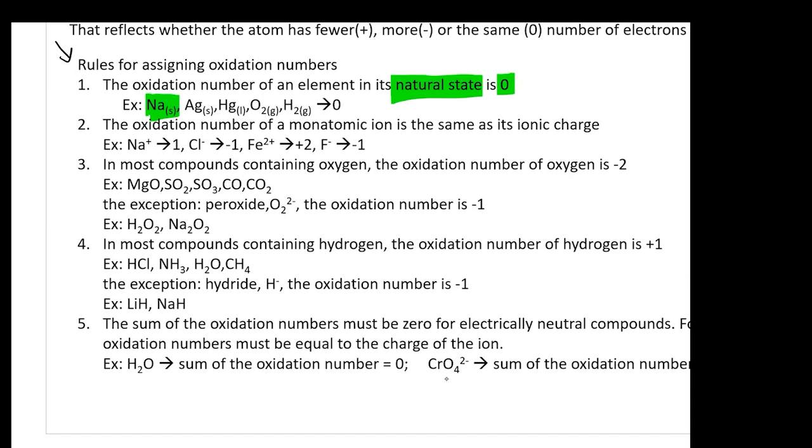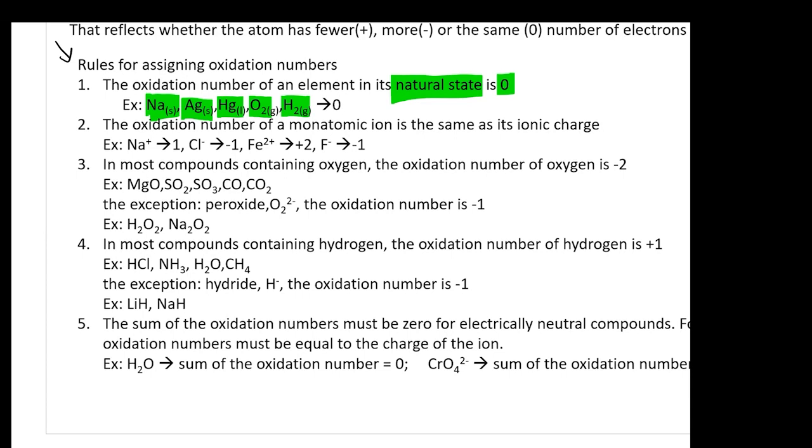The same thing applies to your silver, mercury, oxygen, and hydrogen. They are all existing in their natural form. Therefore, the oxidation number of those atoms is 0. That's rule number 1.